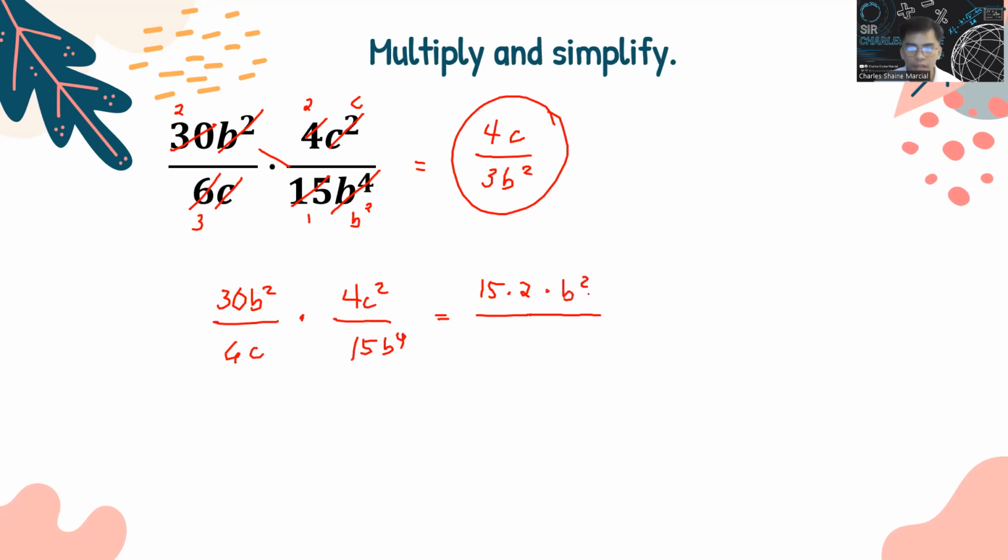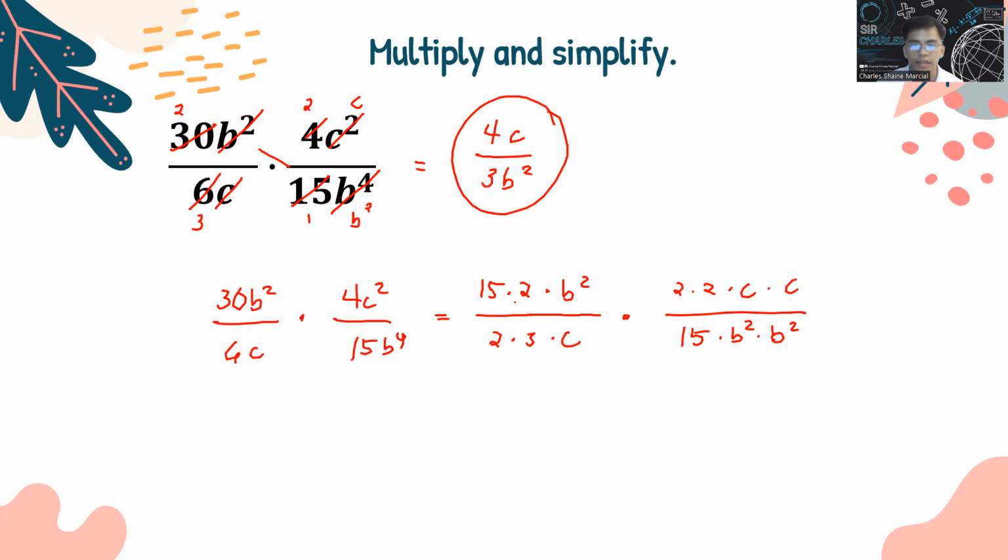And i-copy lang natin si b squared. And also dito kay 6c magiging 2 times 3 times c, times yung 4 naman magiging 2 times 2 times c times c. And also for 15b raised to 4 magiging 15 times b times b squared times b squared.